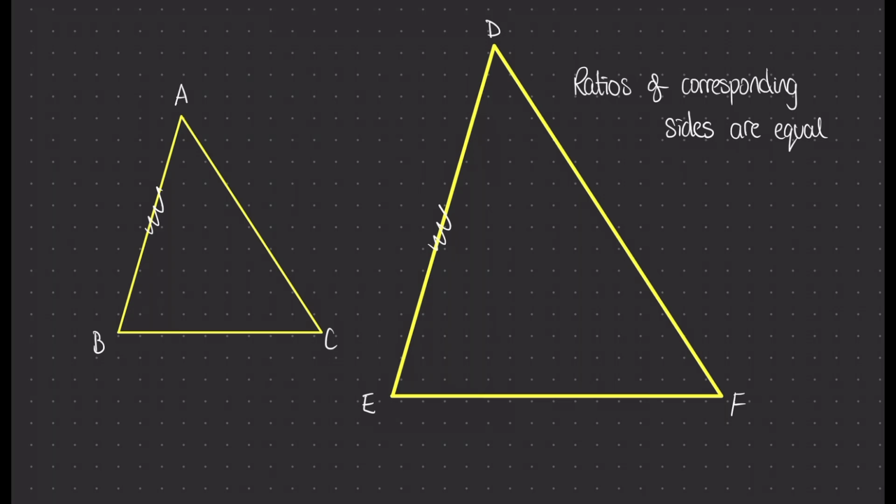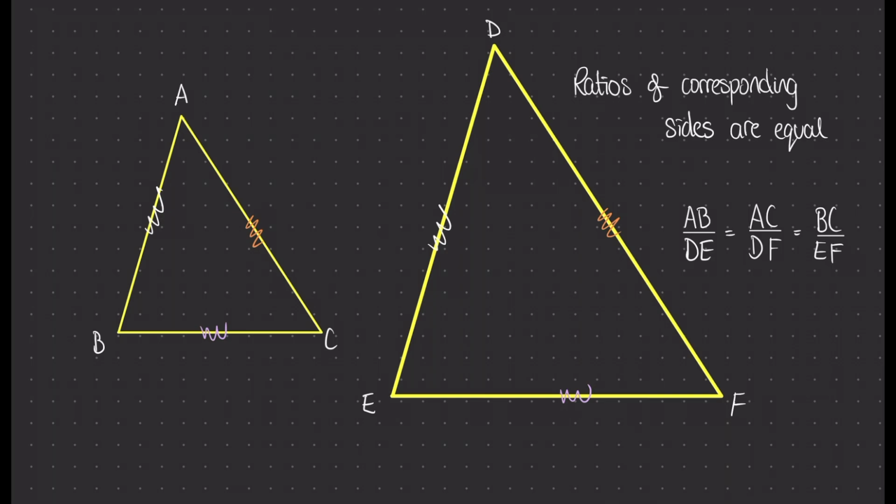Okay, so the corresponding sides are AB and DE, AC and DF, BC and EF. So that's what I mean by corresponding sides, and the ratios of corresponding sides are all equal. Writing this out would look like AB over DE equals AC over DF equals BC over EF.